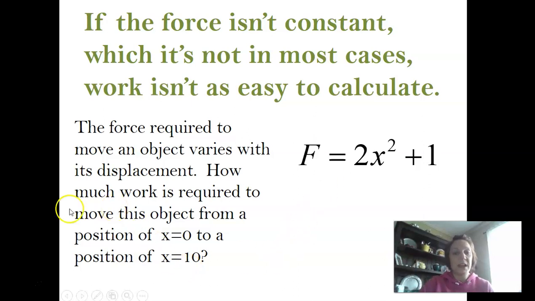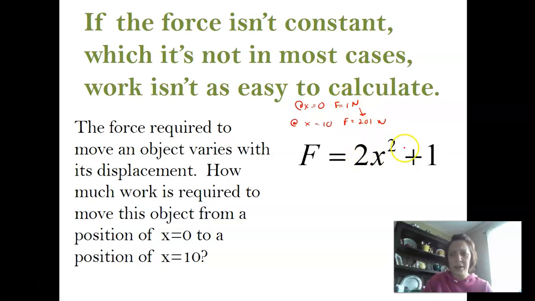And the more x grows, the bigger the force gets. It says how much work is required to move this object from a position of 0 to a position of 10. So here's what we know. When x is equal to 0, the force is only 1 little newton. By the time it gets to 10, it's 201. And in between, it's a constant change.